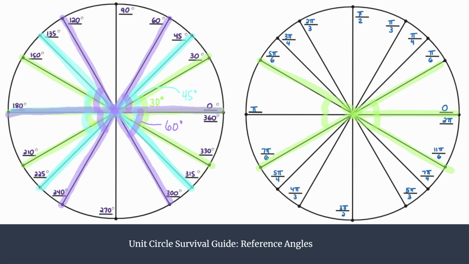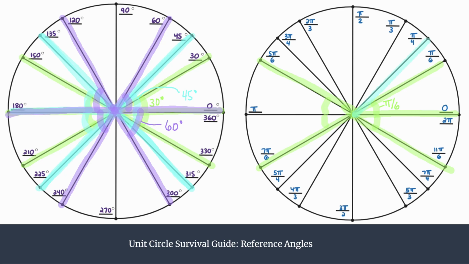I particularly like finding reference angles in radians, finding exact values in radians, because it's just so simple. It's got that pi over 6. That's your clue. That's your reference angle. So let's label that as pi over 6 as the reference angle. Now we can look at all the angles that have a pi over 4 reference angle.